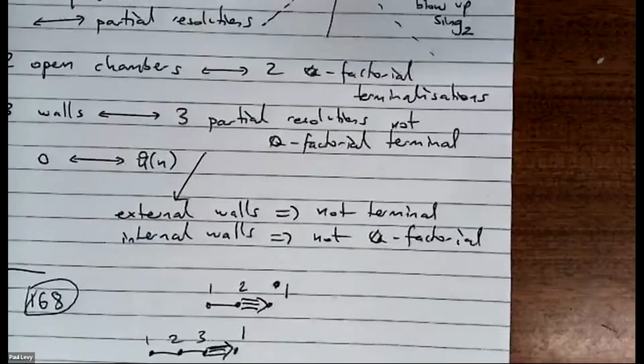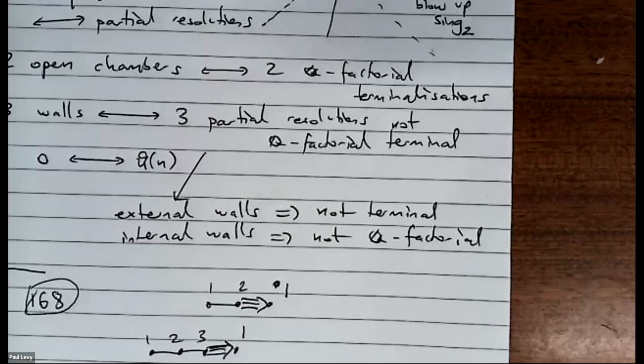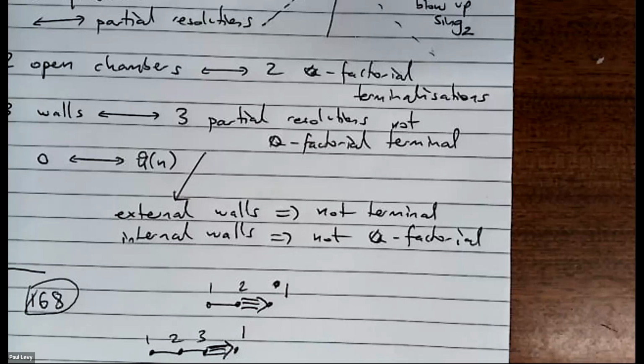I mean, the Q factorial terminalizations for the 4-dimensional things will always have isolated singularities. I'm confused. What do you mean? But this is dimension 4. Yeah. So in general, if you're dimension 6, then the Q factorial terminalizations will not have isolated singularities. Exactly.